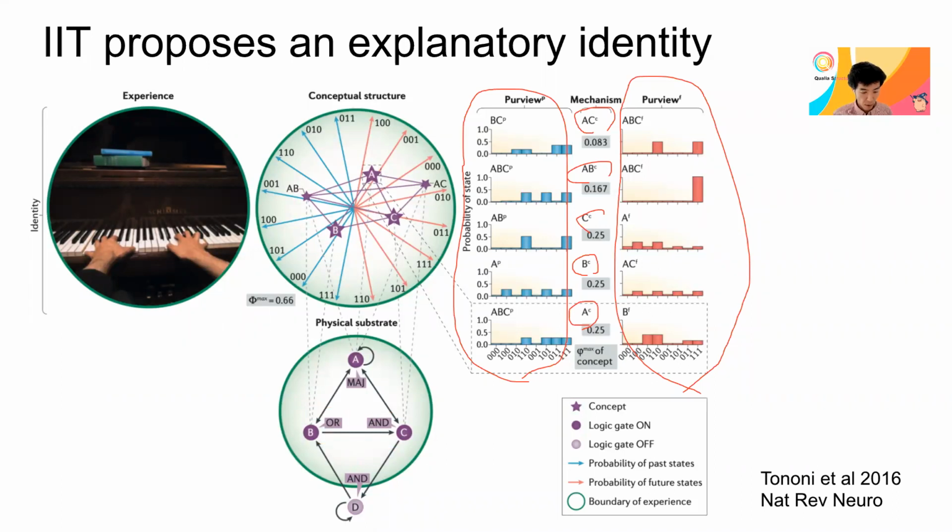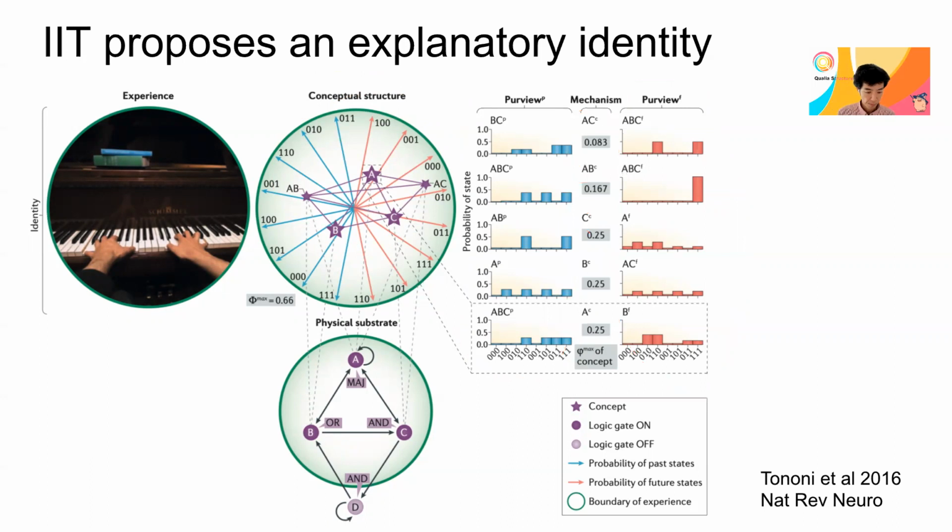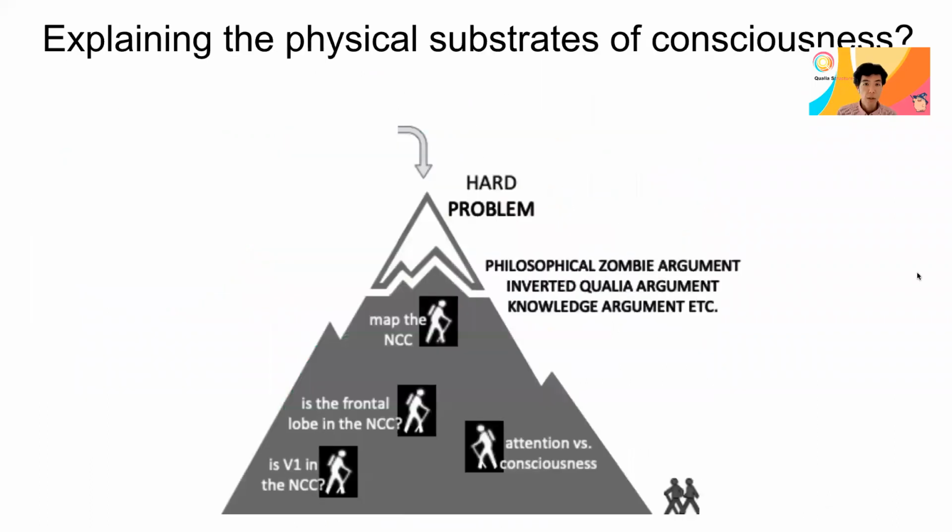And as a whole, it starts to generate some kind of structure, which they call the conceptual structure, and that is maximally irreducible because of this minimum cuts concept. And as I said, this corresponds to the level of the contents of the qualia. That's the idea they proposed. Okay.